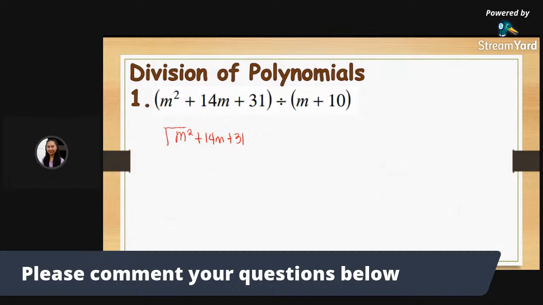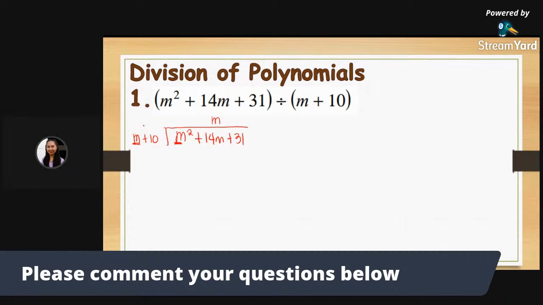Remember to arrange the polynomials with degrees or exponents in decreasing order. And also, all you have to consider is the first term. So just divide the first term here. m squared divided by m, the answer is m. So we write m here in line with your m in the dividend.